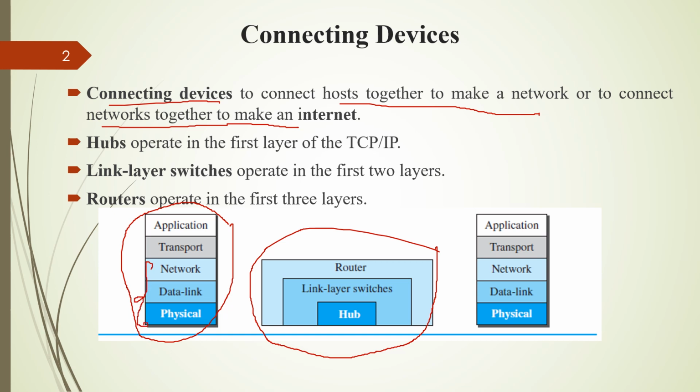The first type of connecting device is the hub, and it operates in the physical layer, or the first layer of the TCP/IP protocol suite. The link layer switch can operate in the data link layer and physical layer, or the first two layers of the TCP/IP protocol suite, whereas a router can operate in the first 3 layers, that is the network layer, data link layer and physical layer.